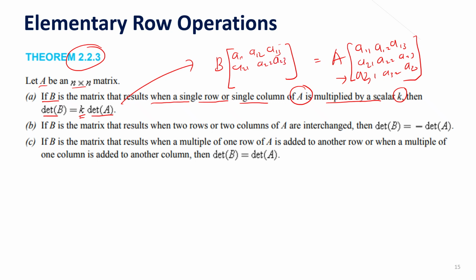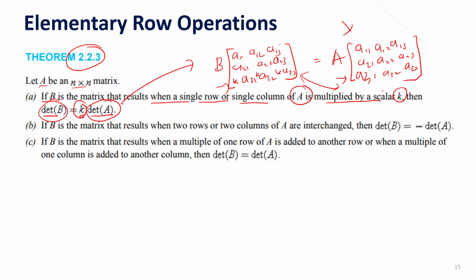But here we have K multiplied by A31, K multiplied by A32, and K multiplied by A33. So one of the rows is a multiplication of this one. Later, when you calculate the determinant of A, to calculate the determinant of B, based on this theorem, you don't need to recalculate it again. You just need to multiply K with the previous determinant of A that you already calculated.